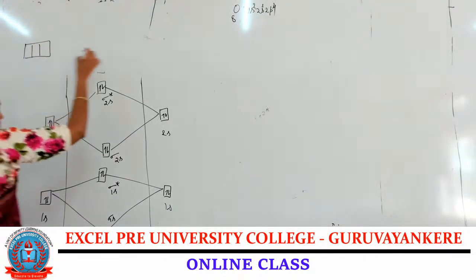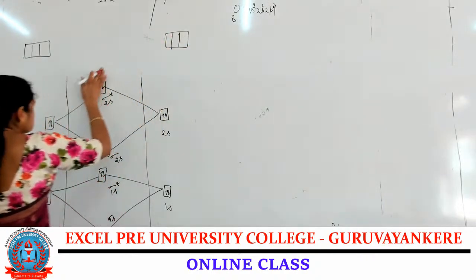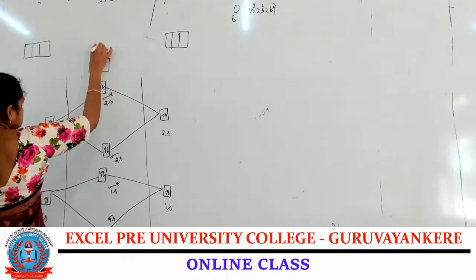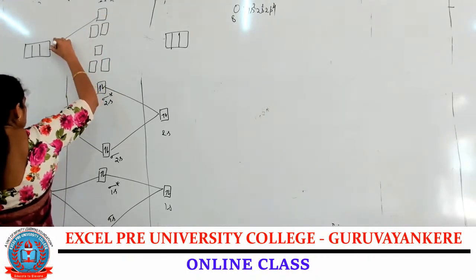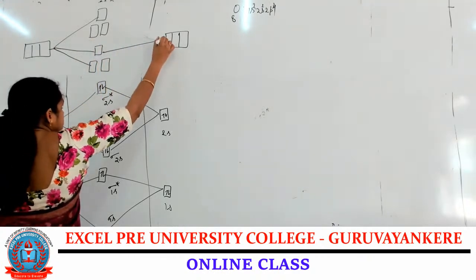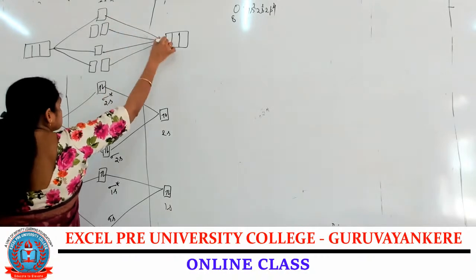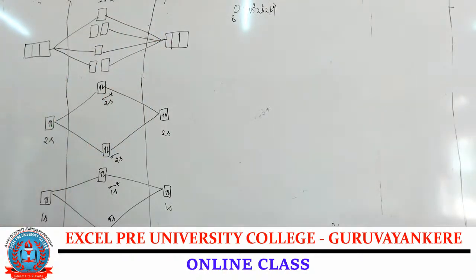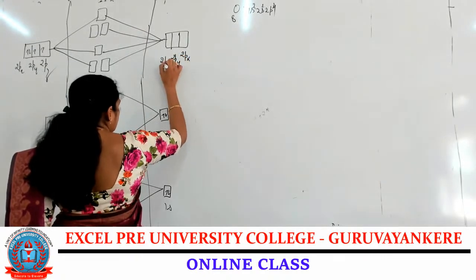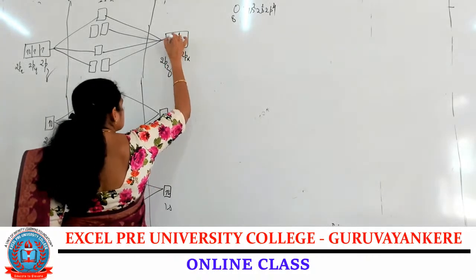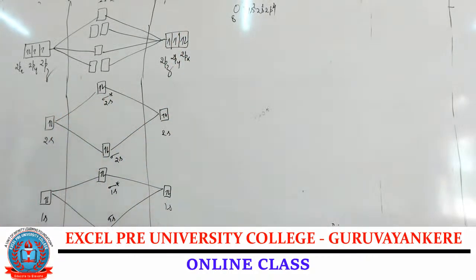Now distribution of the electrons. In the 2p orbital, 4 electrons, 1, 2, 3, 4, in 2px, 2py and 2pz, total 4 electrons.